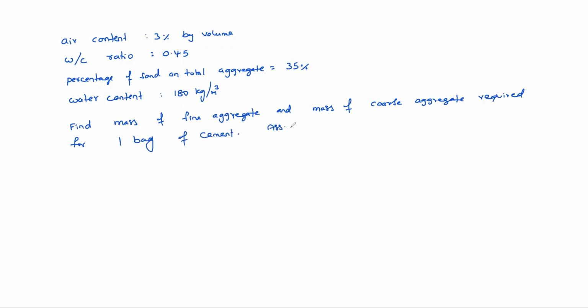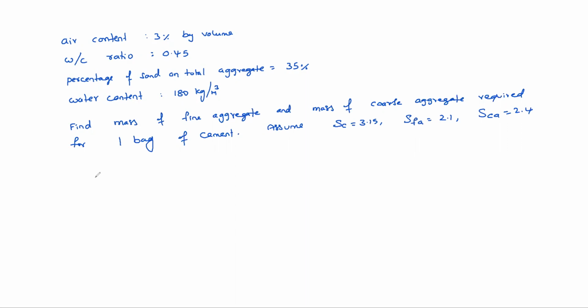Assume specific gravity of cement equal to 3.15, specific gravity of fine aggregate equal to 2.1, specific gravity of coarse aggregate equal to 2.4. Okay, so it's very simple.